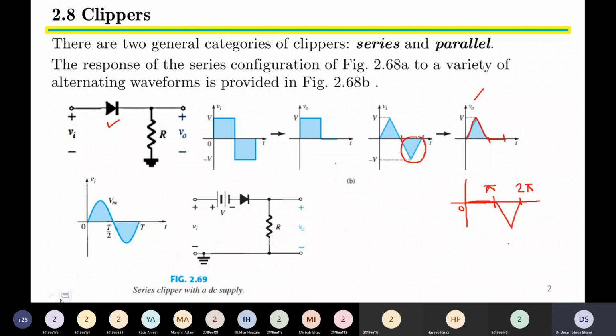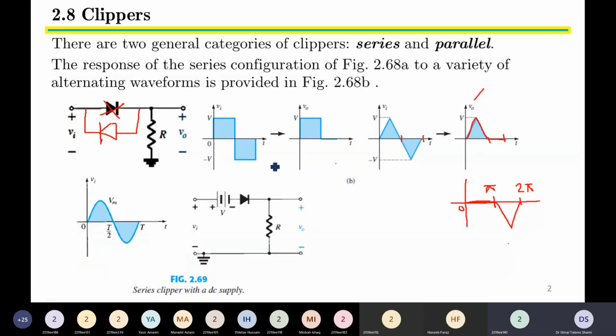Now, secondly, if we change the direction of the diode, that is, this time we cancel the original circuit configuration and add a diode in the opposite direction, such that the cathode is connected to the input signal and the anode is connected to the output load, now what will happen?